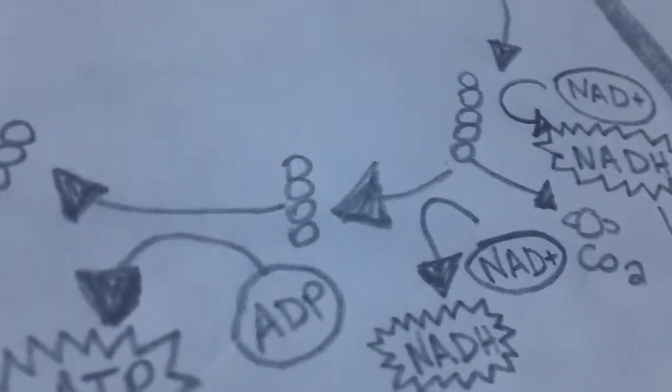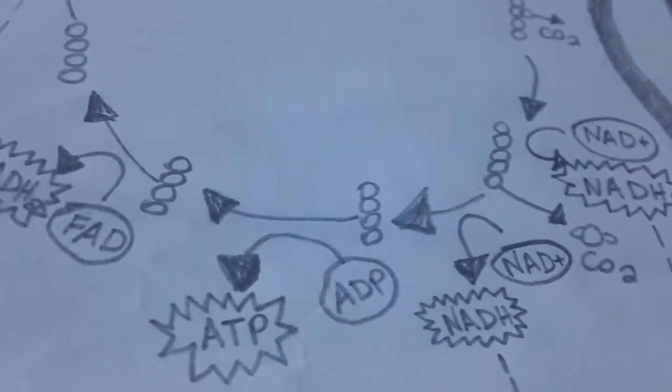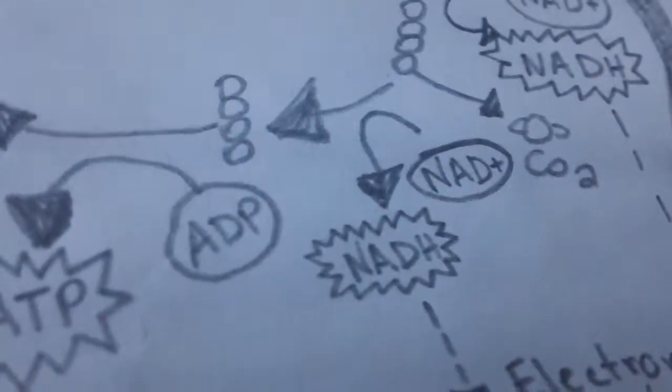Each time it loses a carbon, electrons are added to a molecule of NAD+, which makes NADH, as we've seen this entire time. The electron carrier to make more electron transport chains. So these little NADHs are going to go straight down to the electron transport chain. So it's going to keep going around the circle. It's going to lose that next carbon.